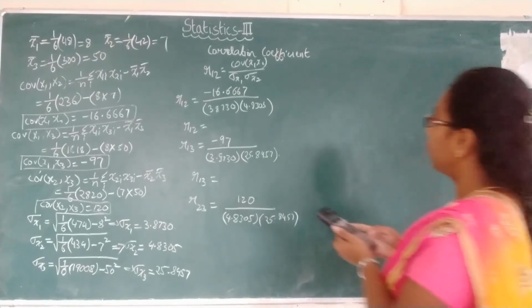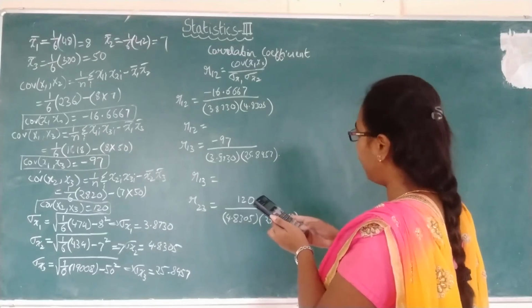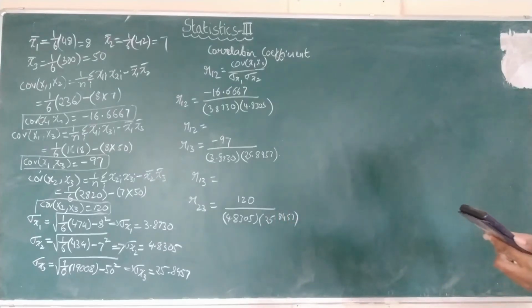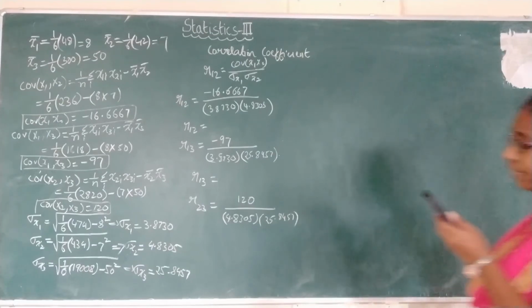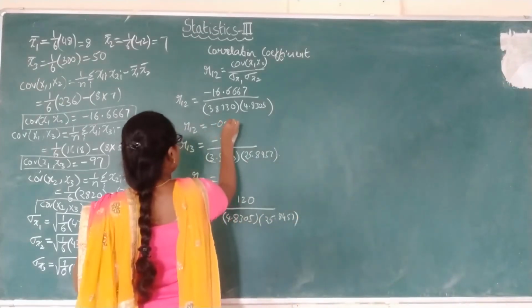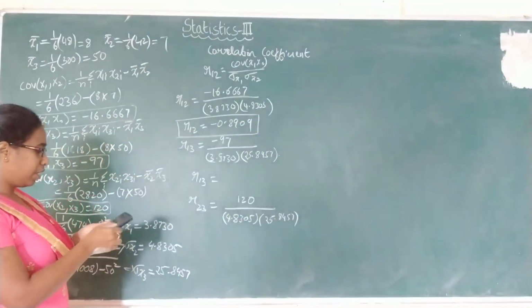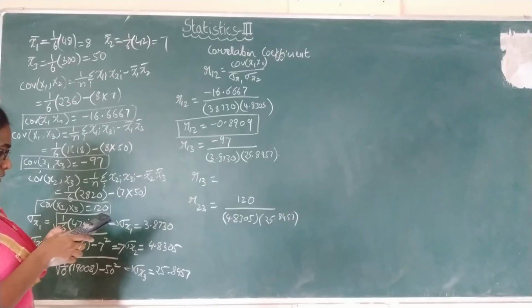So first R12, that is minus 16.667 divided by 3.8730 into 4.8305. You will get the R12 value as minus 0.8909. So this is the required R12 value. Next, find out the R13 value, that is minus 97 divided by 3.8730 into 25.8457.